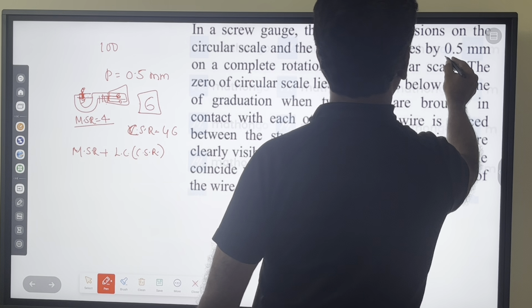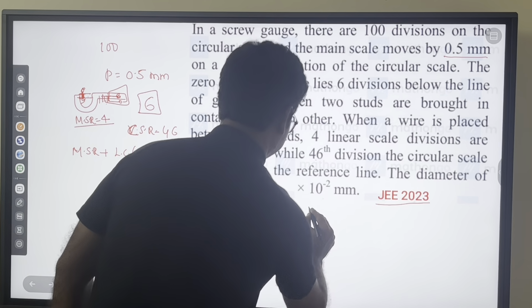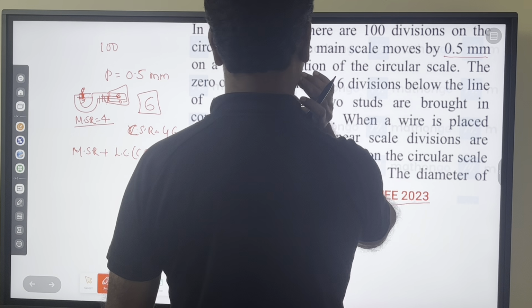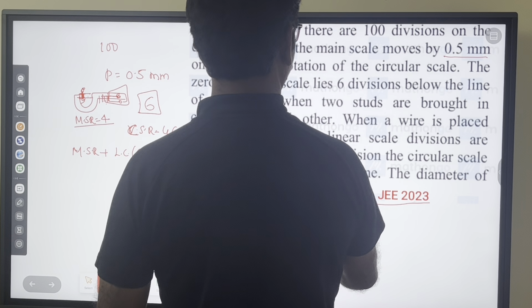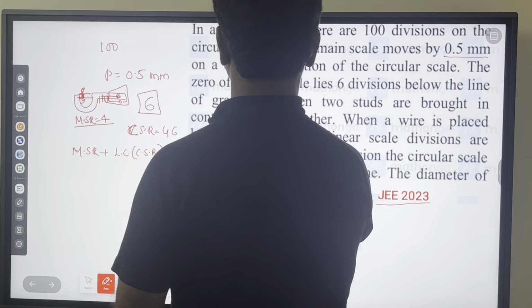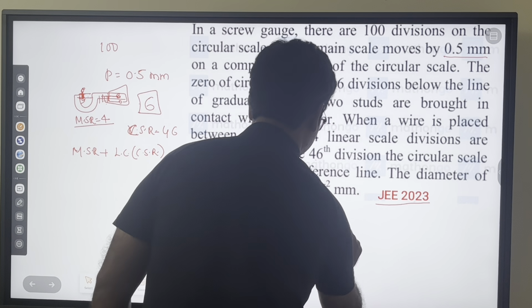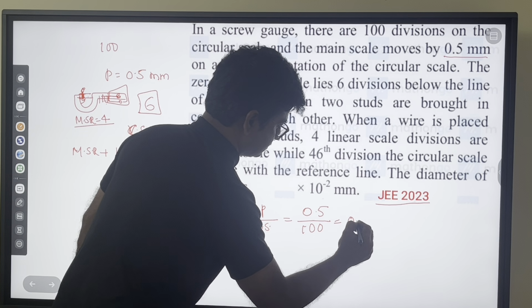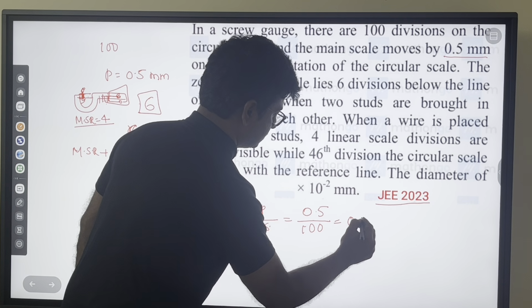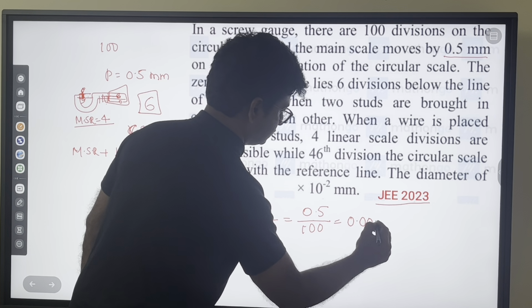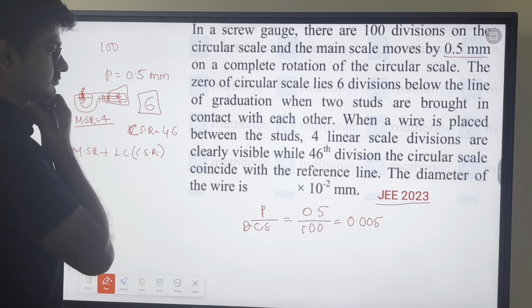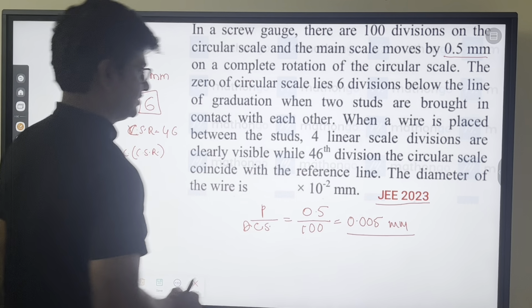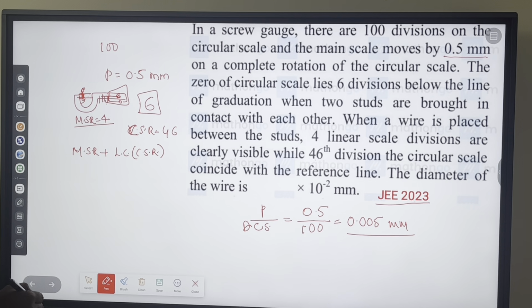So 0.5 mm is the pitch. Then divisions on the circular scale are 100. So 0.5 by 100 gives 0.005 mm. This is the least count.